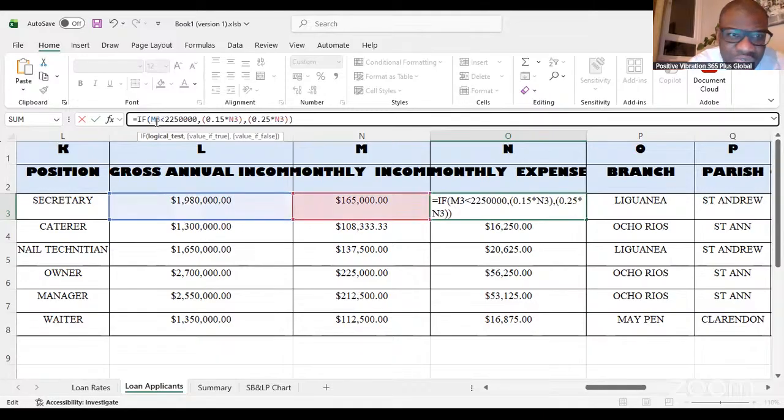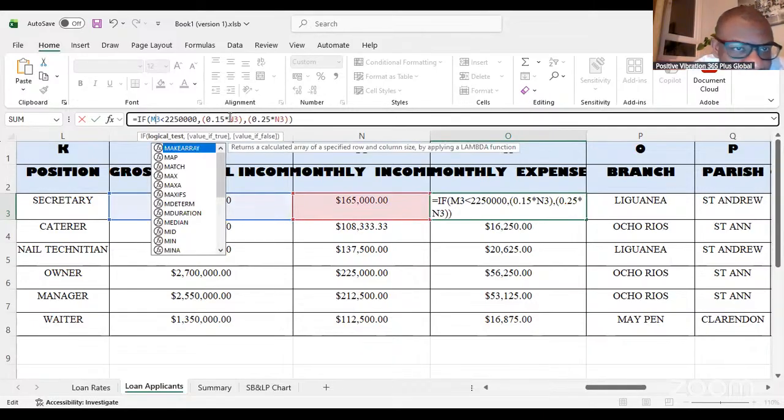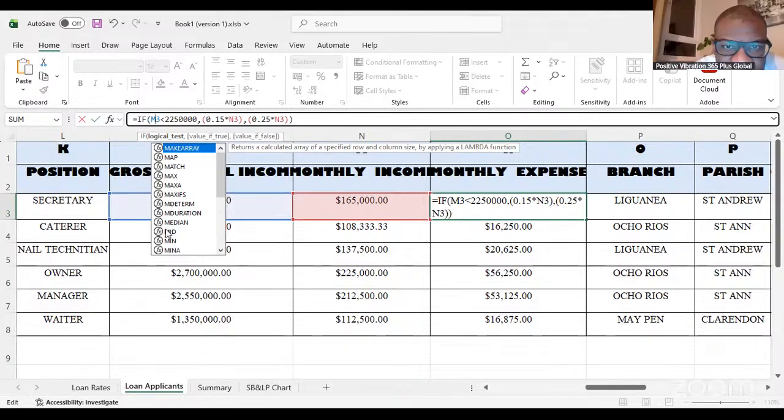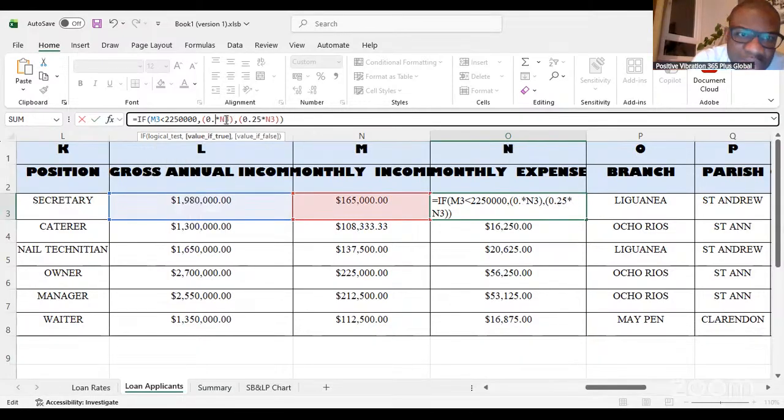It says if M3 is less than 2.25. Okay, see why the problem says M3, N3. Gotcha. I'm going to put back my long formula to make sure they know we know what we're doing.